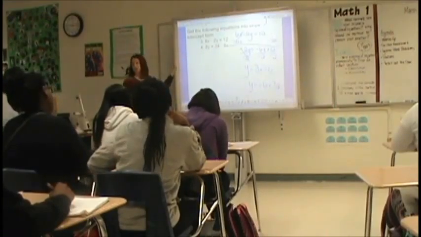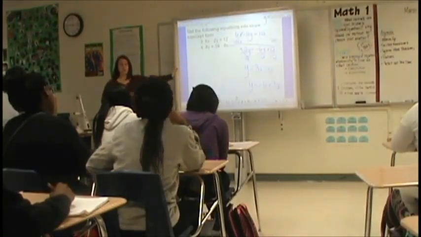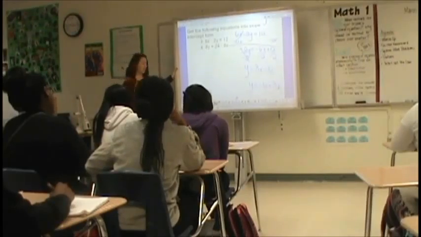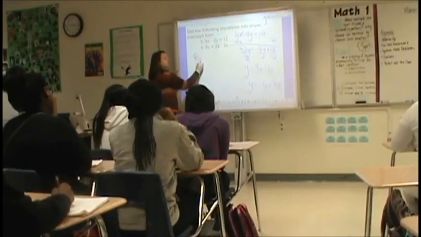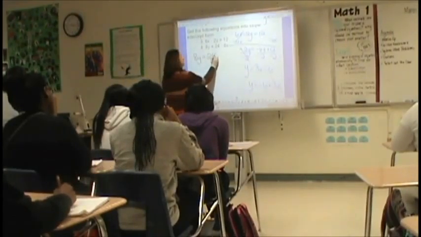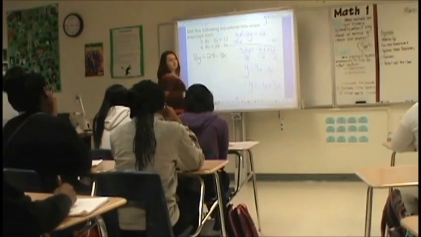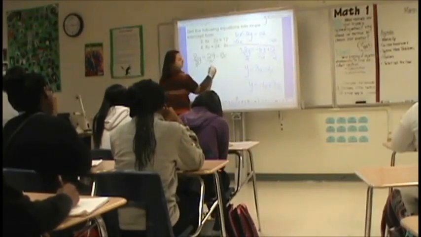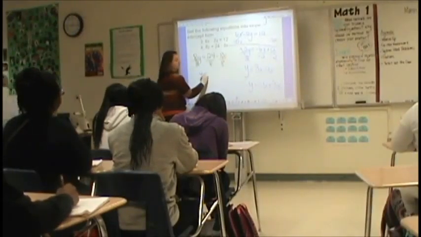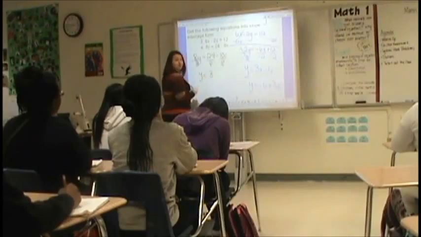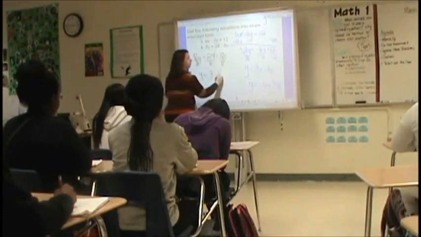What about number 4? Divide by 8. The y is almost already by itself, right? So I've got 8y equals 24 minus 8x. And I take a step to do what? Just divide by 8. So what do I get? 3 minus 1x.